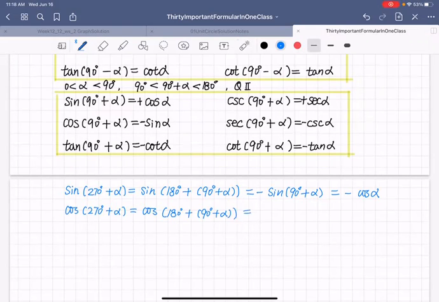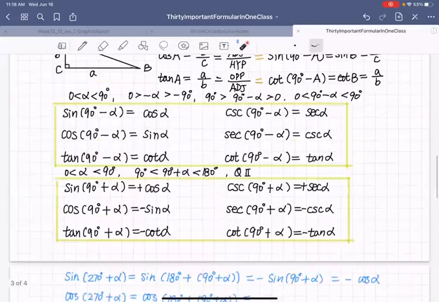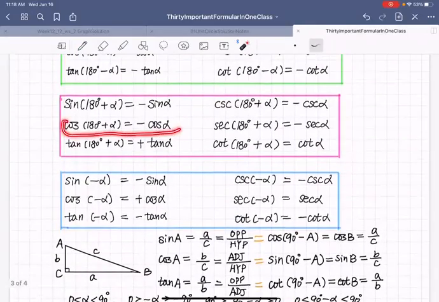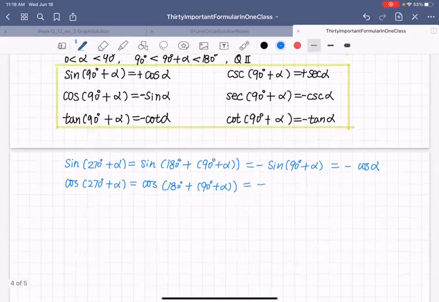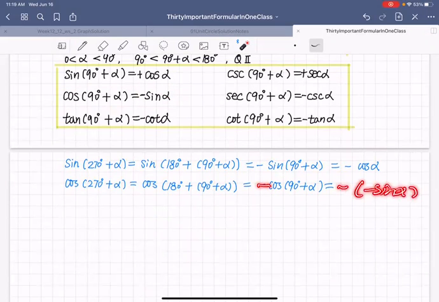And then cosine 180 plus this, we are going to manipulate the formulas over here. Negative of cosine alpha. So this becomes a negative of cosine 90 plus alpha. And then cosine 90 plus alpha has this formula. So that becomes the negative of negative sine alpha. This becomes sine alpha.